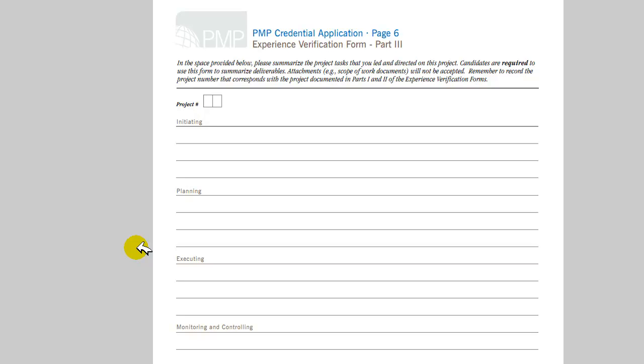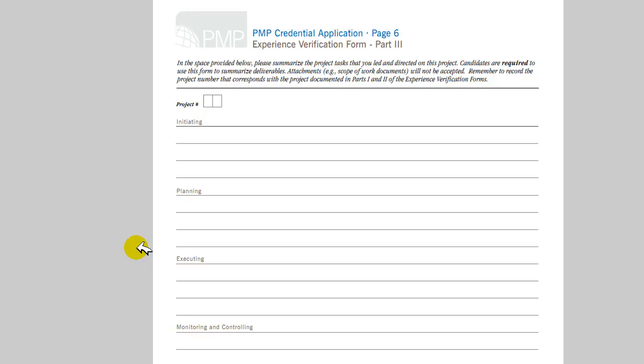But this would be equivalent to a work breakdown structure, or this would be equivalent to a product breakdown structure, or a formal schedule, or whatever. So you could relate whatever you did to what the PMBOK standard would call it, essentially, even if you didn't do it exactly that way. You know what I mean?